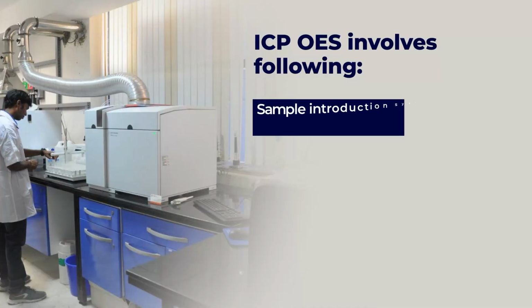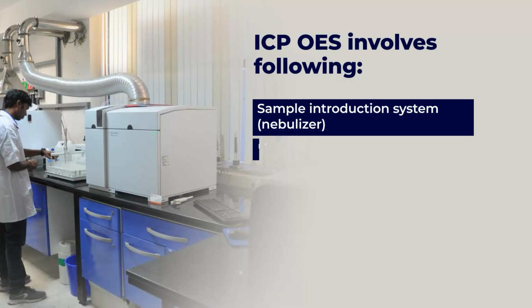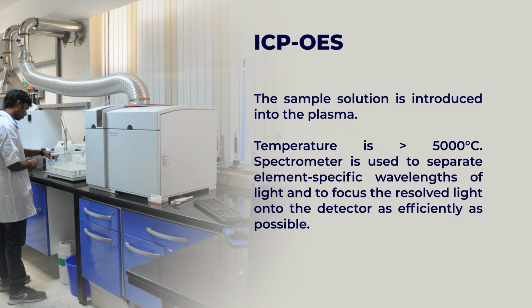The ICP OES involves a sample introduction system, the nebulizer. It has to be a very high pressure nebulizer, like small droplets. The ICP torch, which is the plasma, a high frequency generator, transfer optics and spectrometer and computer interface. Temperature is generally more than 5000 degrees.